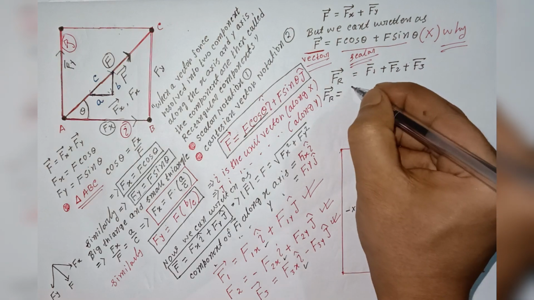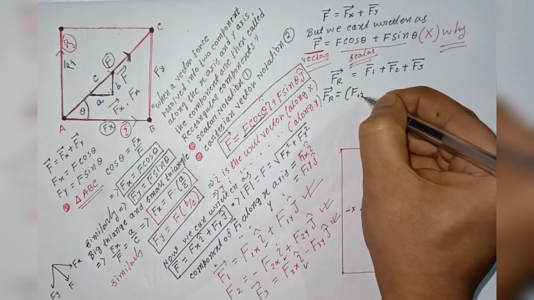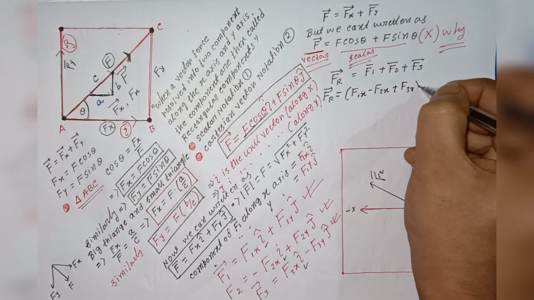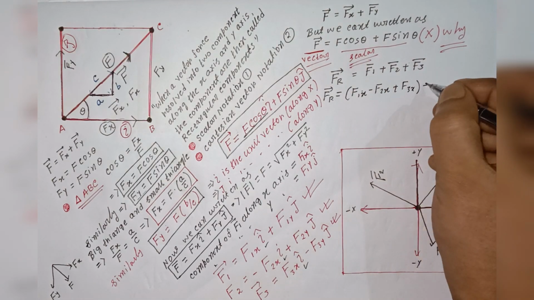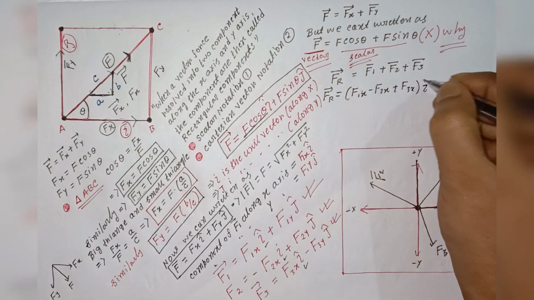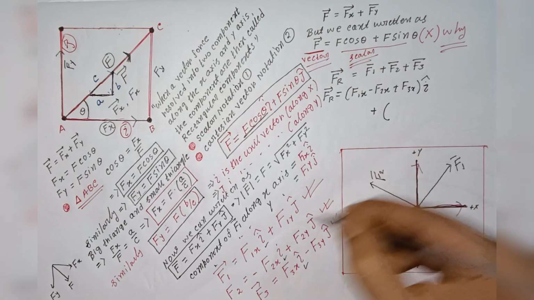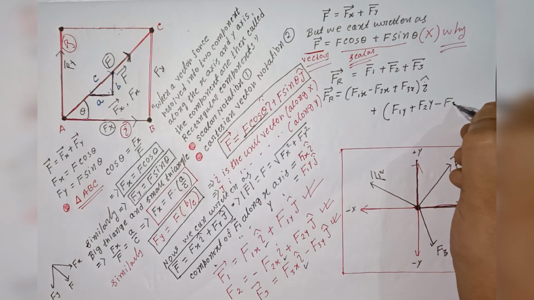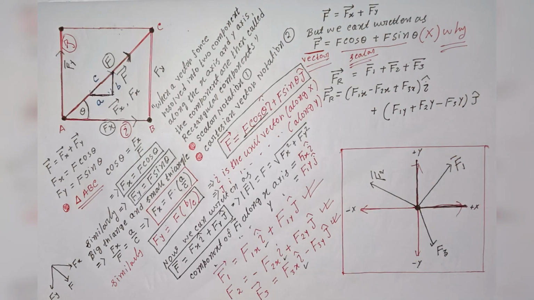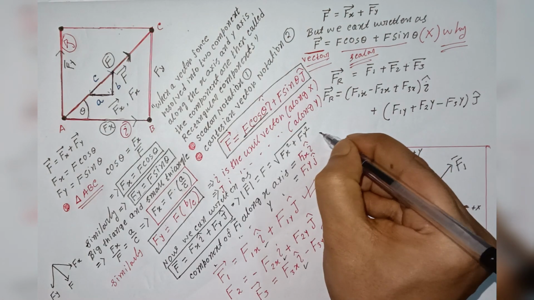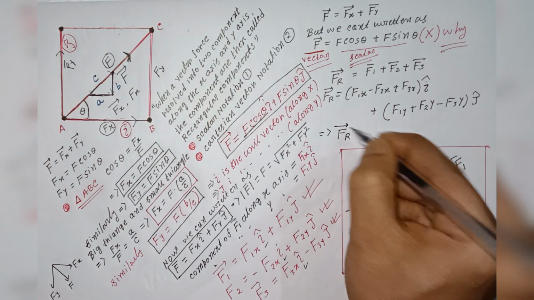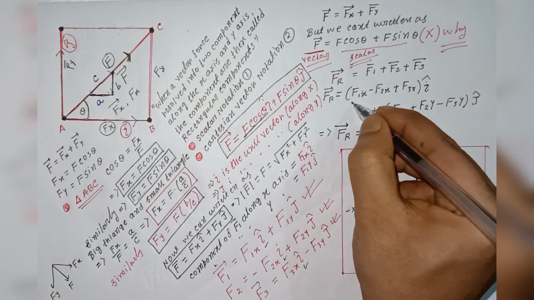Now, how do we add f1, f2 and f3? Don't worry. Take all the coefficients of i cap, add them, and attach i cap to the sum. Same, take all the coefficients of j cap and add them up. Then attach j cap to the sum, like giving a VIP pass, so they can officially become a vector.